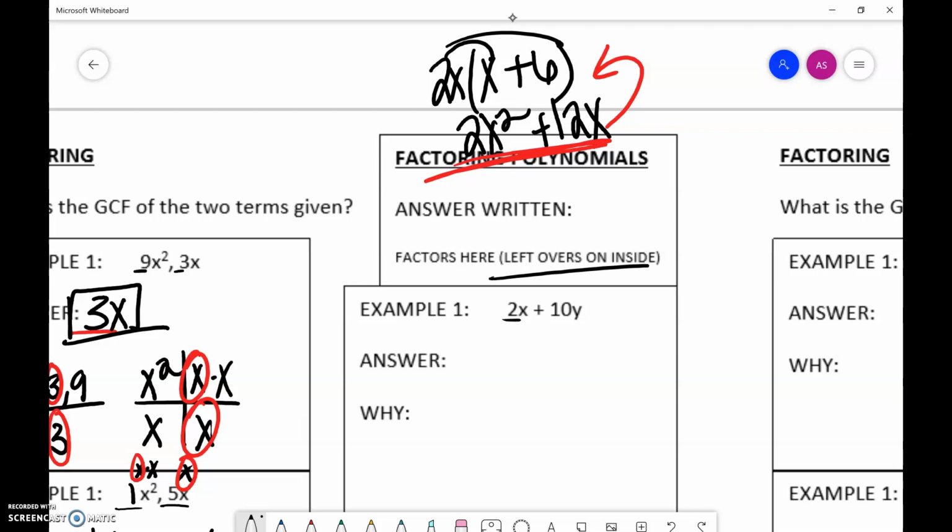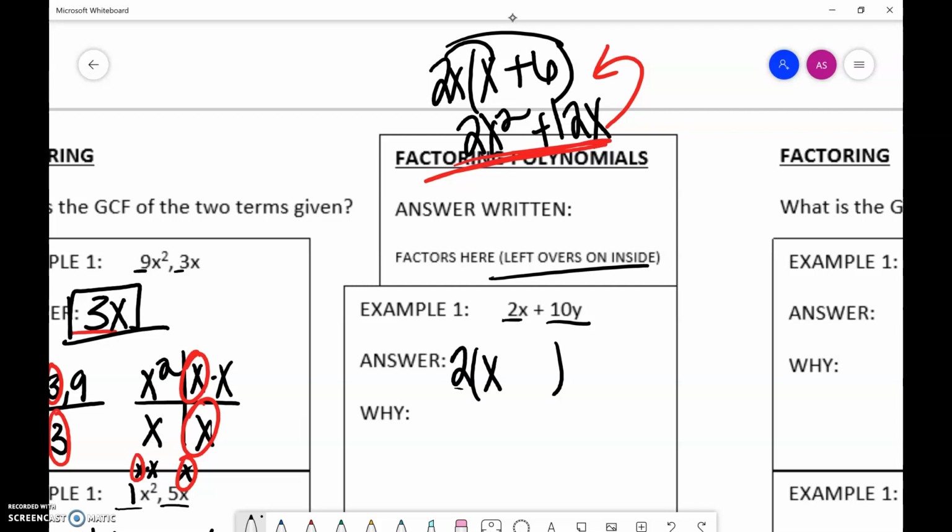I'm going to find my GCF out of 2x and 10y, which will be 2. And then from there, I'm going to open up my parentheses. So first step, find your GCF. Then you ask yourself, what can I multiply by 2 to get 2x? That's going to be x, because 2 times x is 2x.